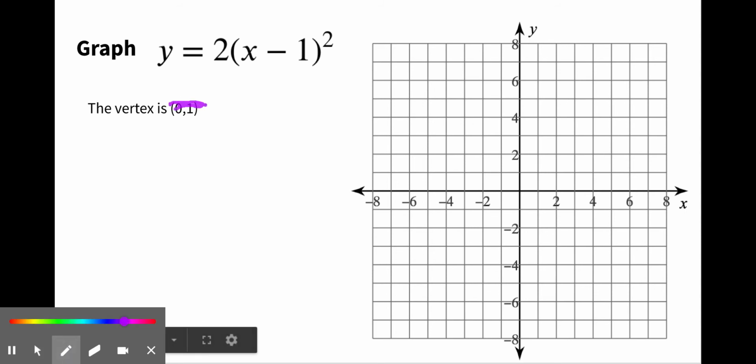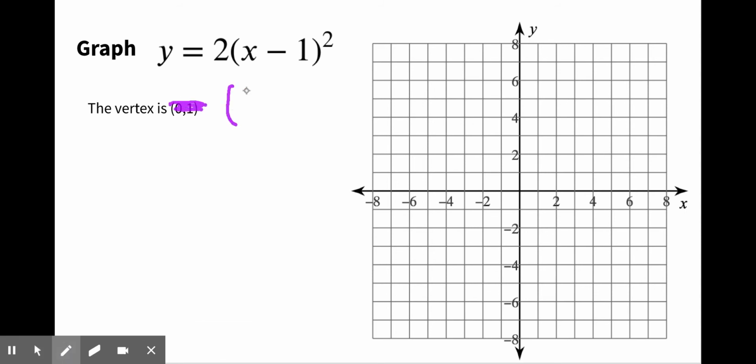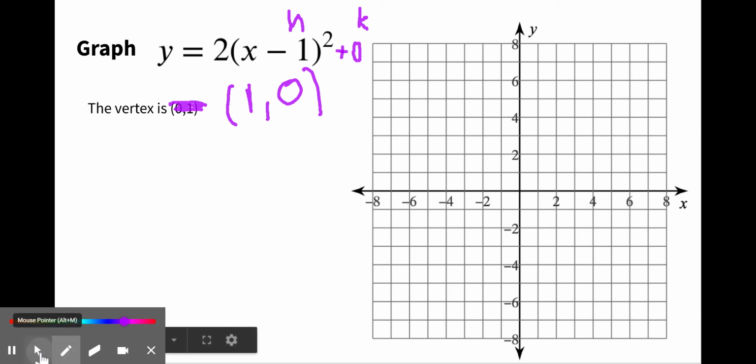Our vertex is (1, 0), because remember it's h and k. This is our h, and k is the number at the end. But they didn't give us a number at the end, so it's 0, and it's always the opposite sign for h. So our vertex is at (1, 0).